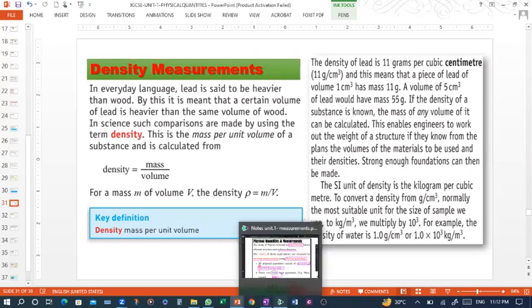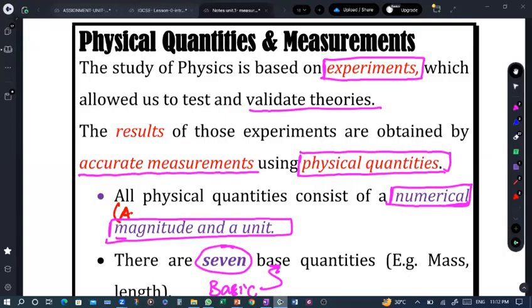Right now, come back to the point we were discussing in the previous 2-3 lessons. These are the same slides we have discussed, and in these slides I have taught about the physical quantity.